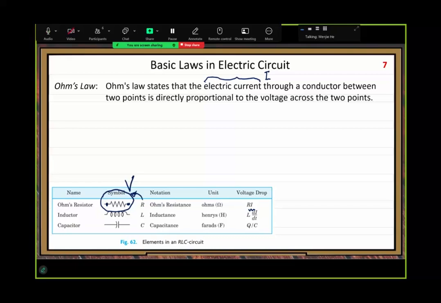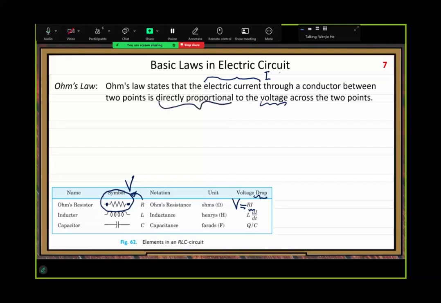Sorry, I need to write it here. That means the voltage, here it uses voltage drop, but here it just uses voltage. V equals a constant R, because directly proportional means a constant, you need to multiply.